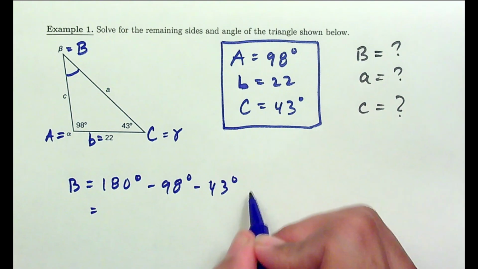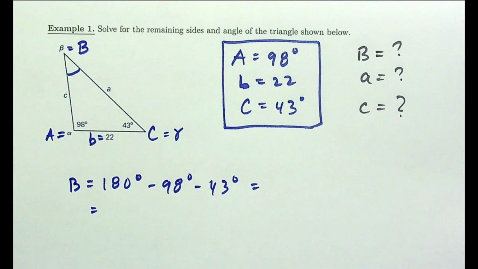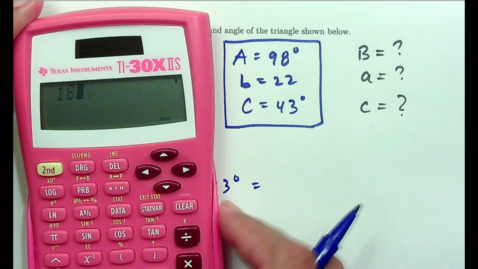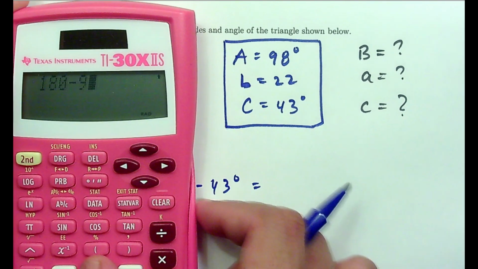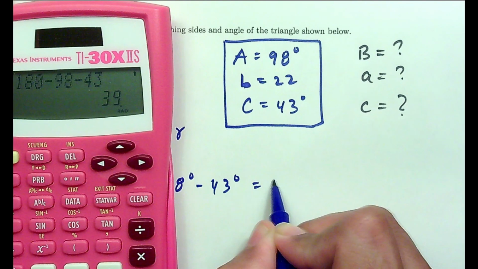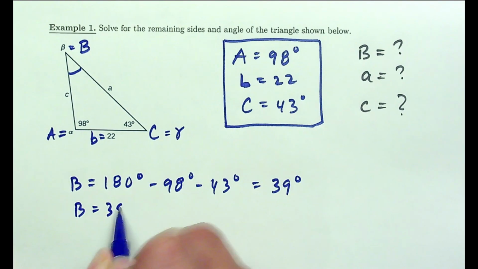Let's put that in the calculator. So this is 180 minus 98 minus 43, 39. Okay, so B is 39.